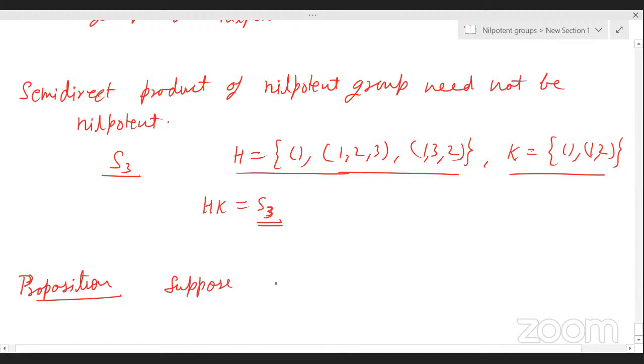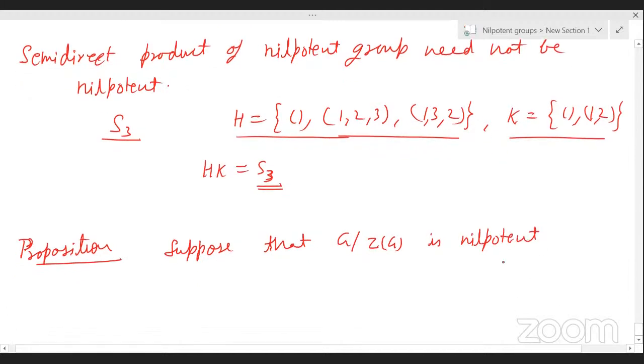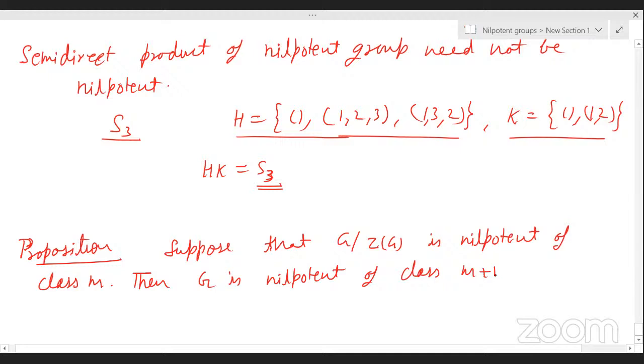Suppose that G by ZG is nilpotent of class M. Then G is nilpotent of class M plus 1.